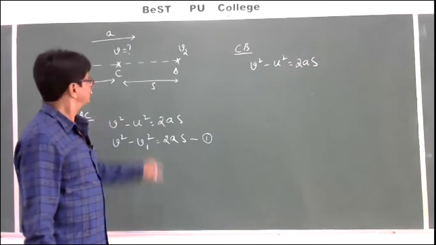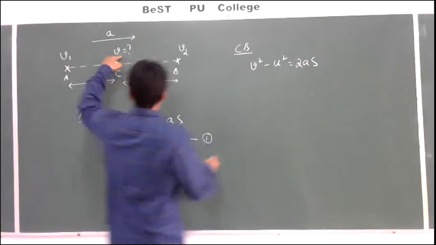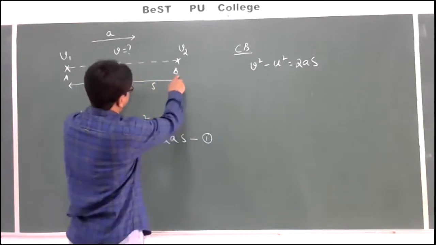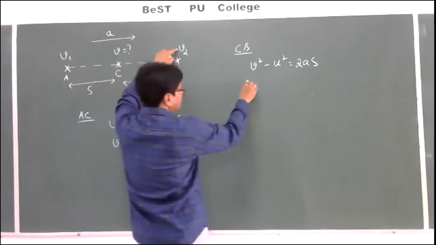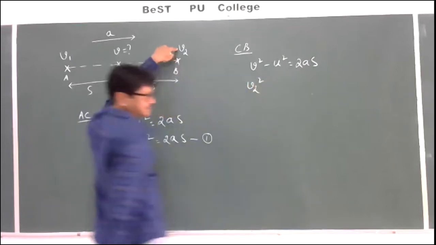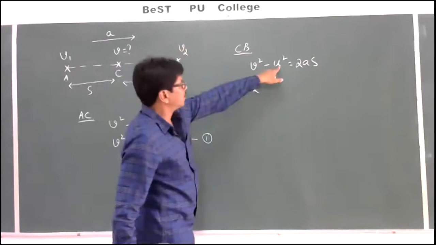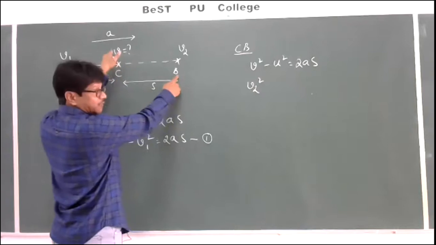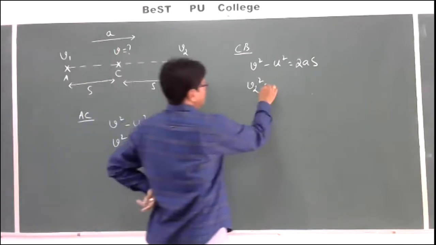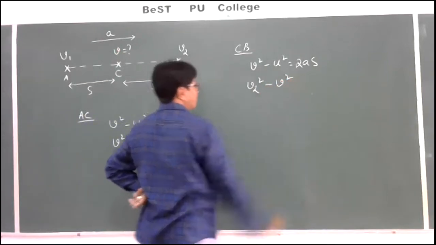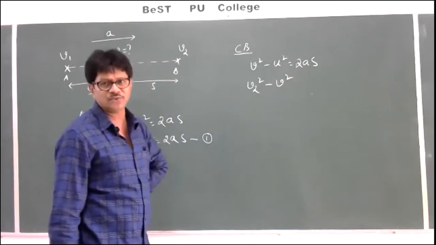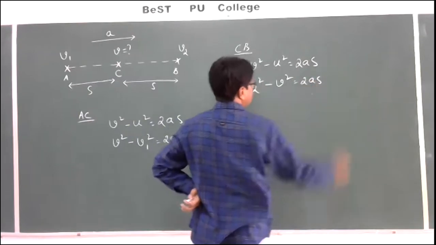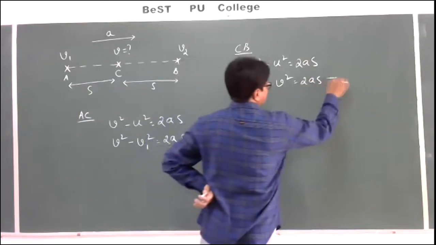V is the final velocity, which is V2 as far as the problem is concerned. U is the initial velocity, which here is V. So instead of U, I will go with V. V2 square minus V square is equal to 2AS. Call it equation 2.